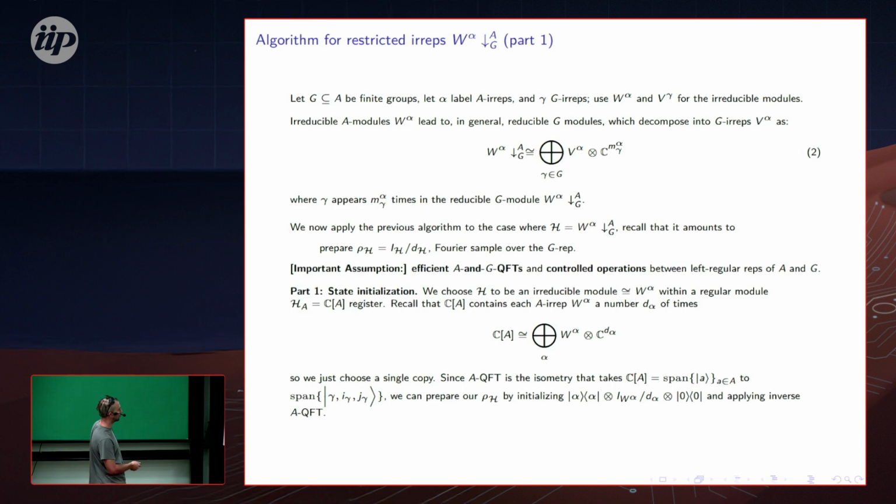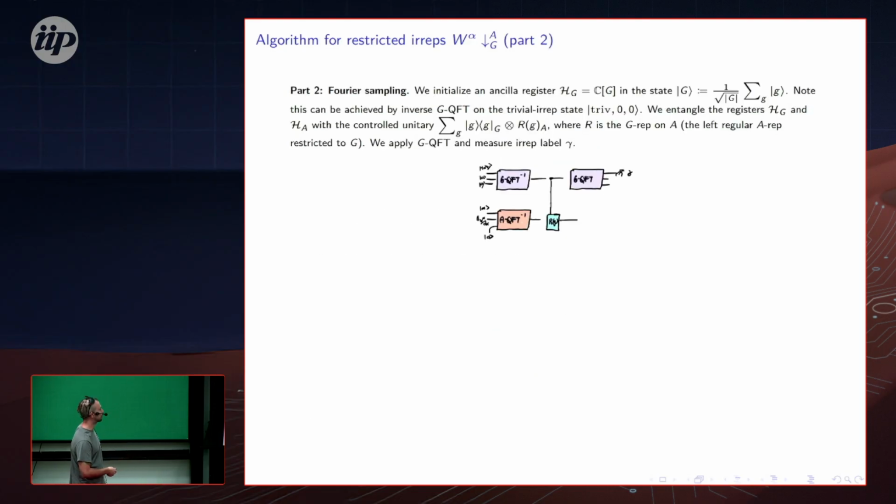So you put a maximally mixed state over the alpha irrep and a projector here, and initialize any copy of it. You have alpha copies of it in the regular rep, so you should just choose any one. Here I choose the first one. You apply AQFT in reverse, so you're preparing the maximal mixed state over this W alpha.